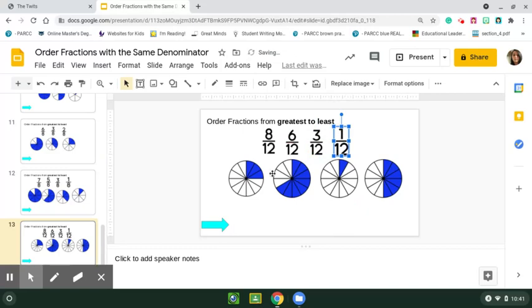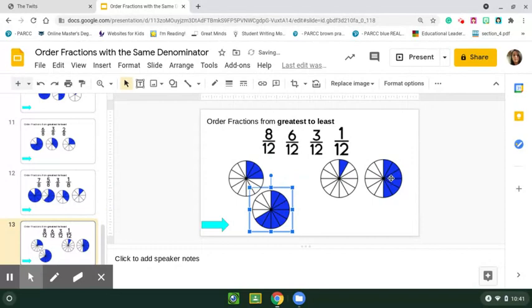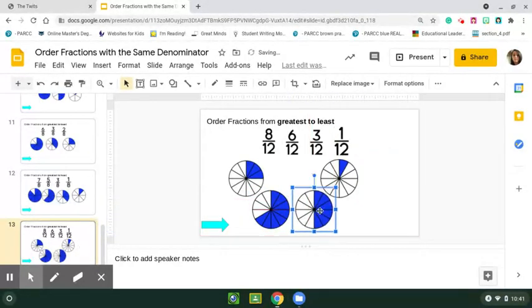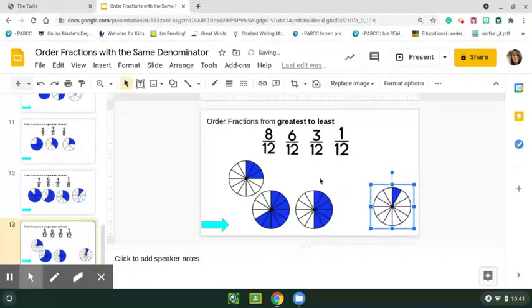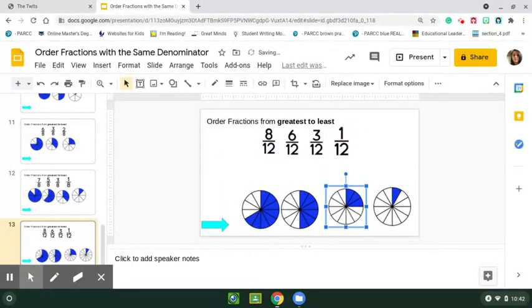So we have 8/12, 6/12, 3/12, and 1/12, right? And if we wanted to look at the pictures, this was the largest, then it was this one. This is the smallest piece. Push this one over a little bit. And boom, right?